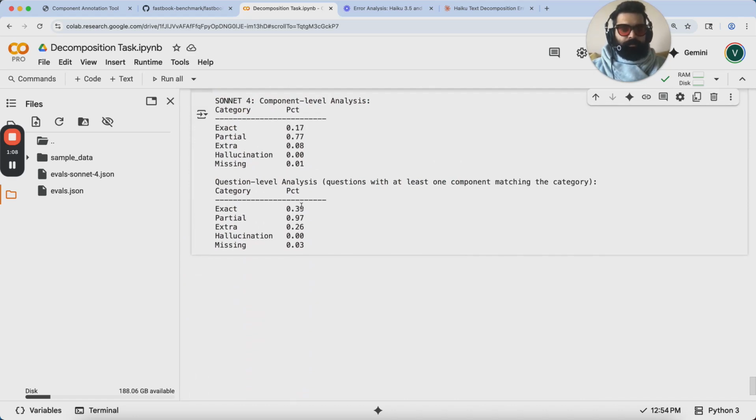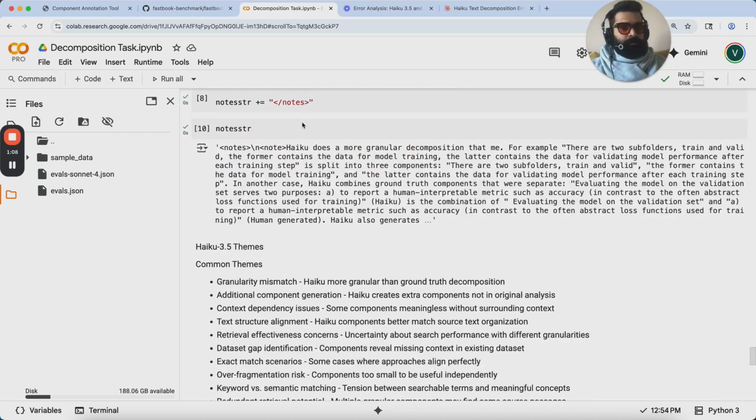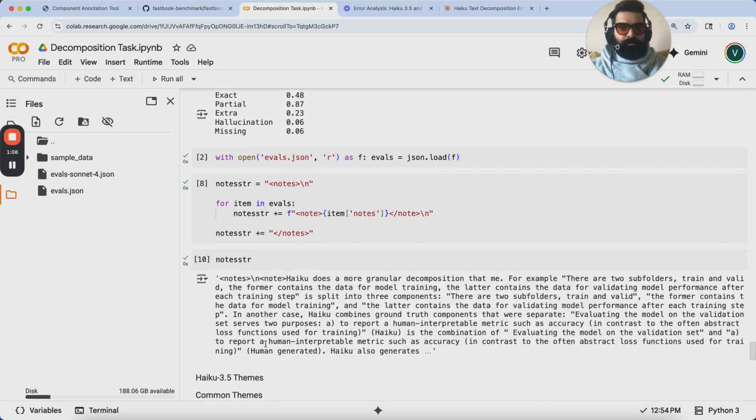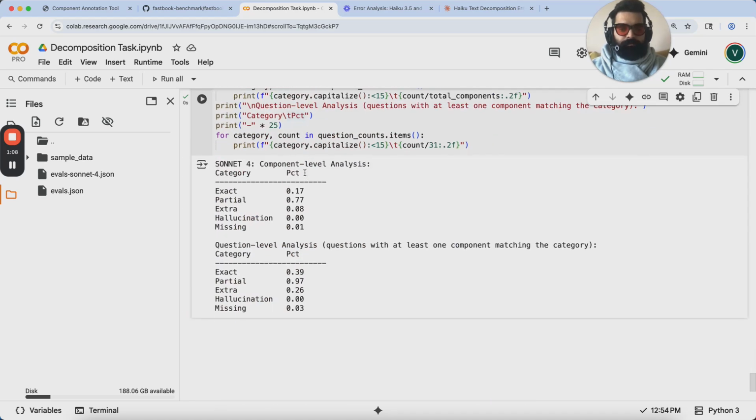And then 39% of our questions had at least one exact component. We're 9% more for haiku. That's very weird. 87% partial, 97% partial, 26% extra, 23%. So that is interesting. I don't know what to make of that. So that's something I'll have to think about.